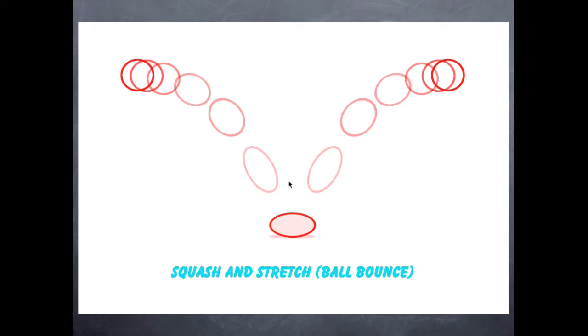And then when it impacts, we'll squash it to show that there is a compression of energy as it impacts the ground. And then it springs back, releasing that energy, which is once again shown through another stretching motion. And then once again at the top of the arc, it returns to its original position.